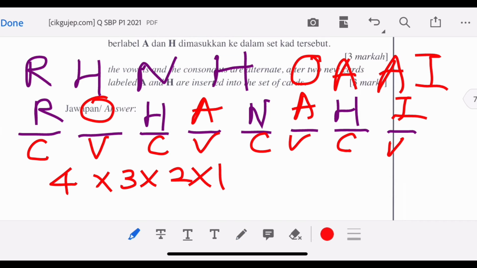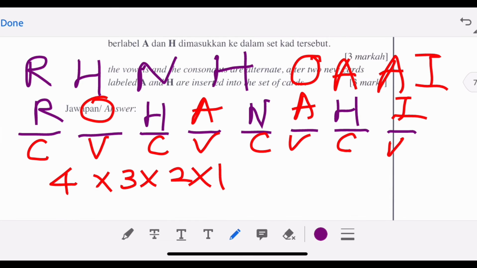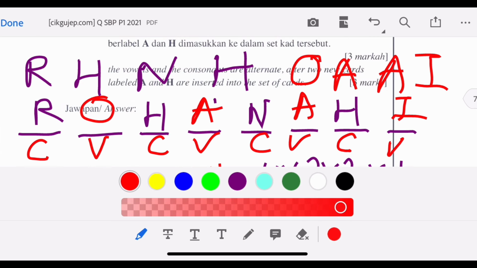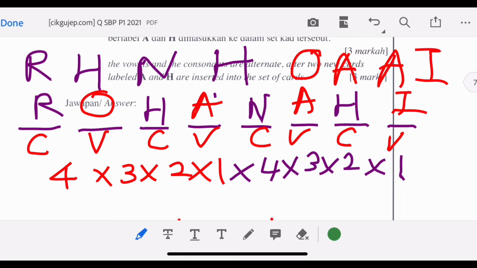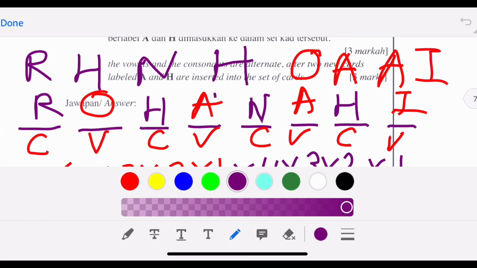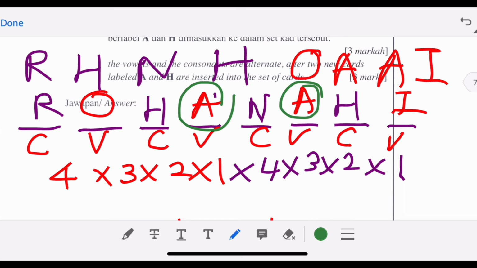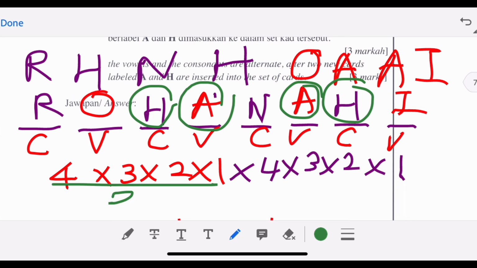For vowels, we have 4 times 3 times 2 times 1 also, right? But for vowels, we have identical object A, so we need to divide by 2 factorial. And for consonants, we have identical H, so we also divide by 2 factorial.